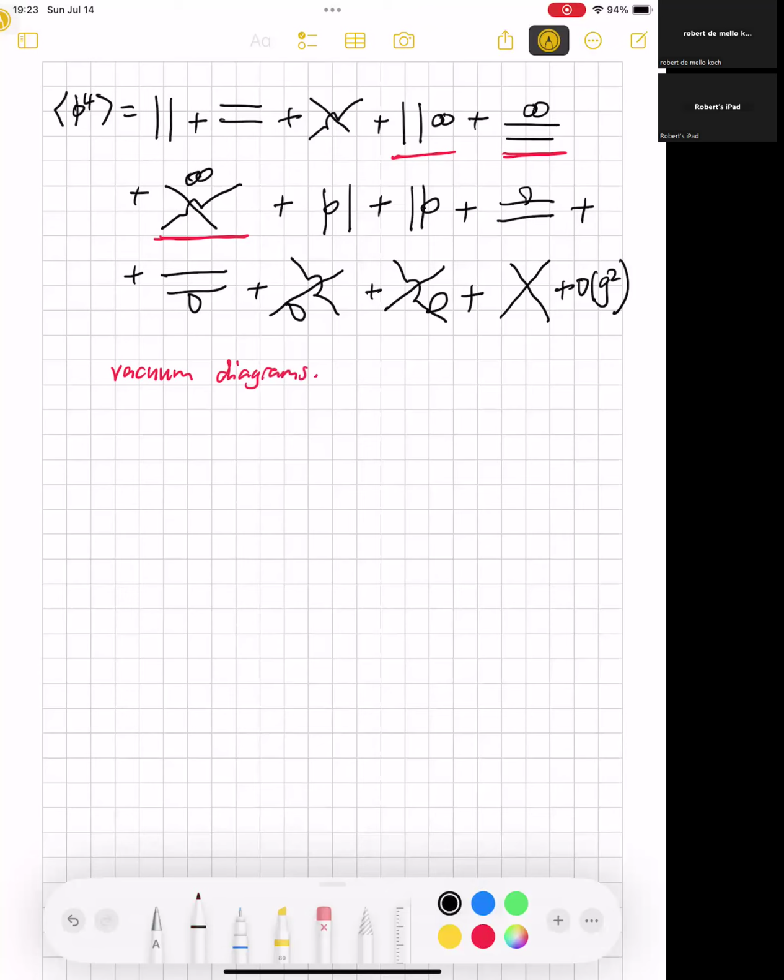Because of that, if we were to calculate phi to the 4 with the new normalization, we would just have the following diagrams. We'd have those first three diagrams as usual. Then we don't have to draw any of the vacuum diagrams. And then we would have these additional diagrams.